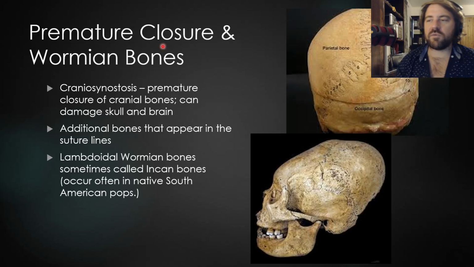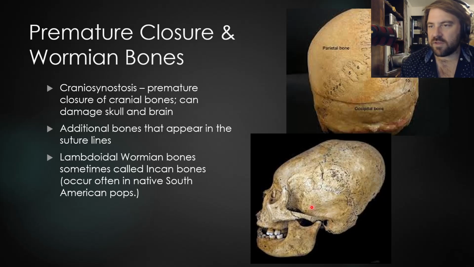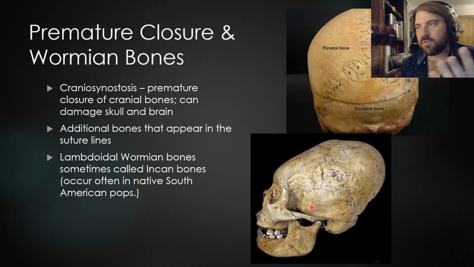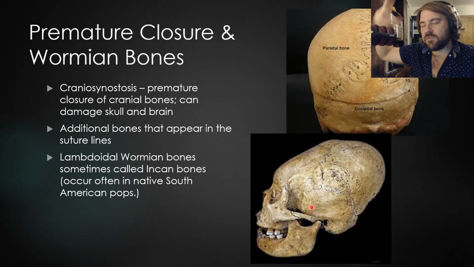At first, they noticed them on these elongated skulls, which were done for religious and cultural purposes among that same group, around the Incan areas, around Peru, places like that. So the native populations around there did this cranial elongation, and so archaeologists assumed this was something that happened because of cranium stretching.